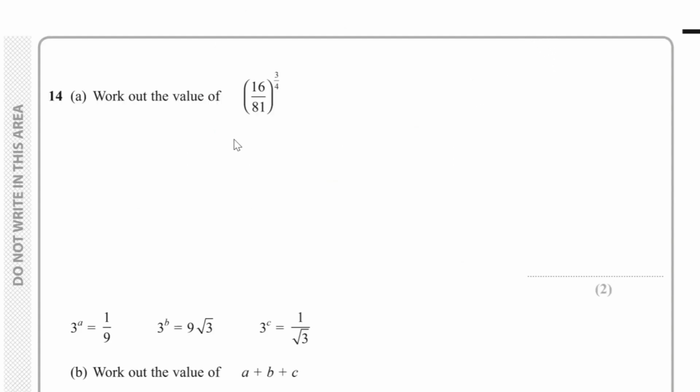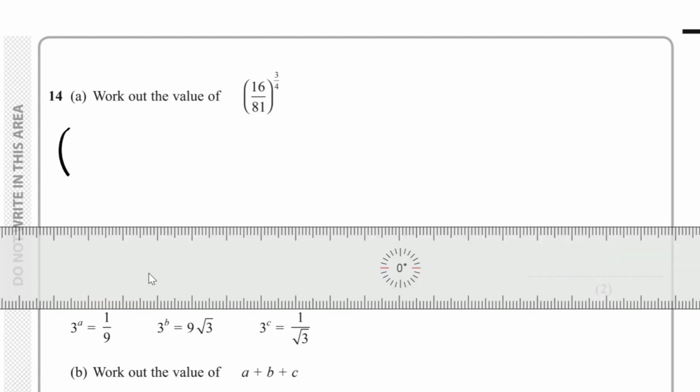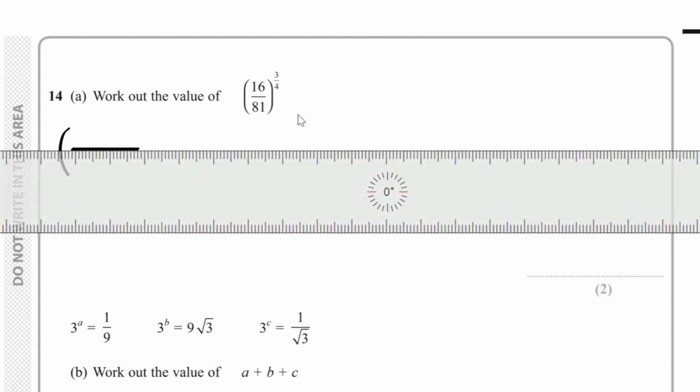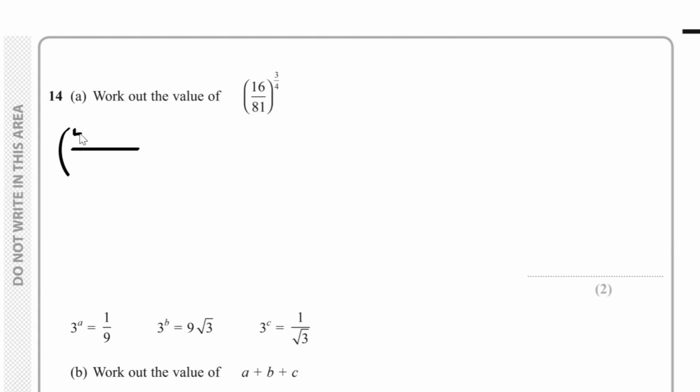Question number 14, for part A, we have to work out the value of 16 over 81 to the power of 3 over 4. Well, what this is the same as is taking the 4th root of 16 and dividing this by the 4th root of 81, and then raising this to the power of 3.